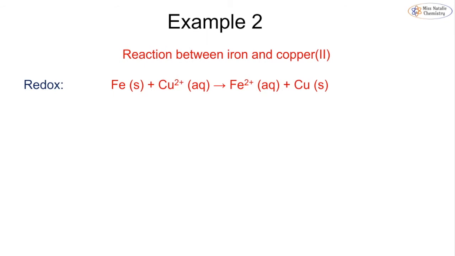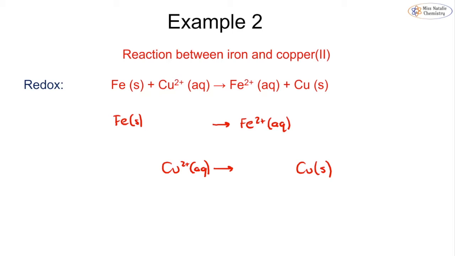If we look at example number 2, again, let's split them down into 2. So we have iron and iron 2+, and copper 2+ and copper atoms. So let's look at their atomic numbers again.